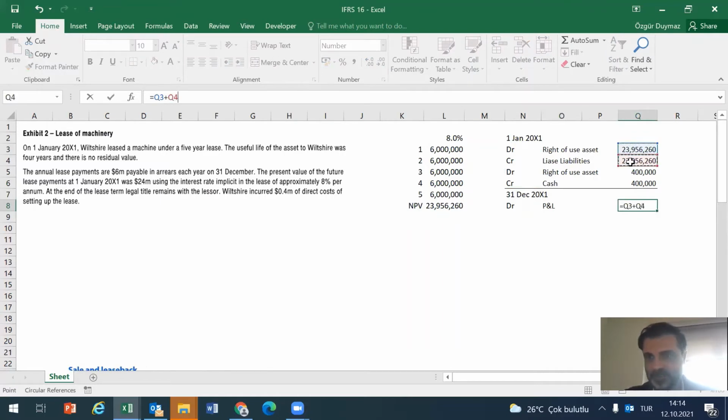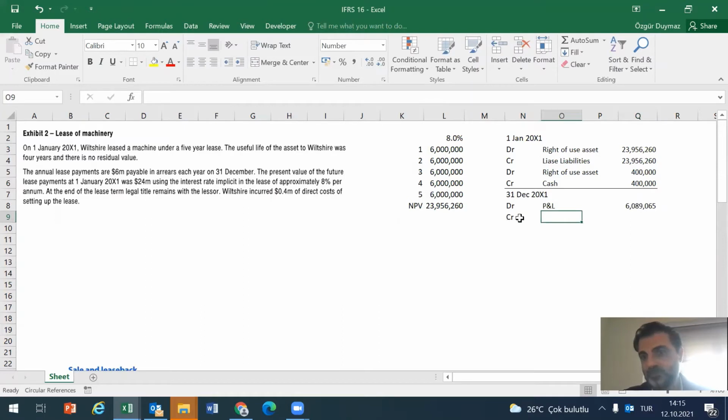This is the total carrying value of the asset before depreciation at the end of the year, divided by 4, because the useful life of the asset was 4 years. Each year, this amount should be recognized as a depreciation expense. Credit should be deducted from right of use asset, and an allowance account might be used here.